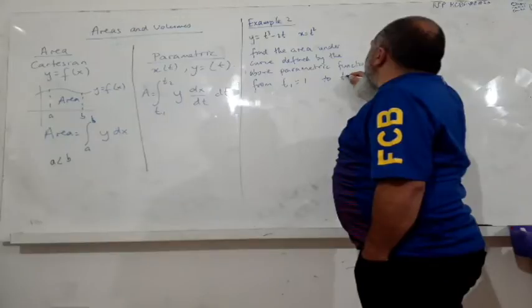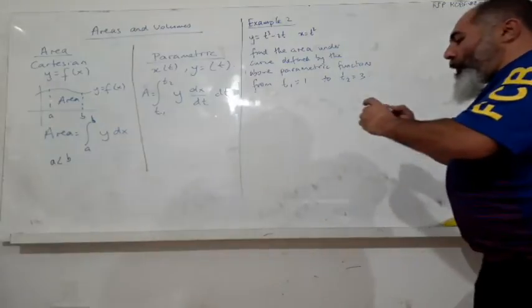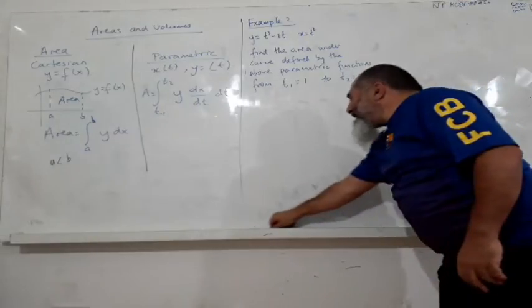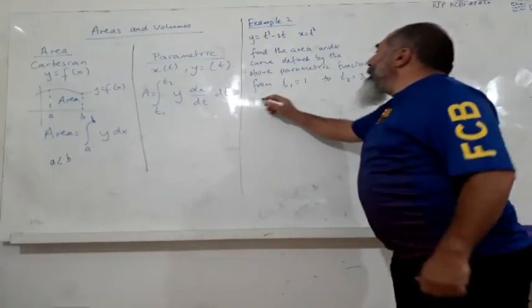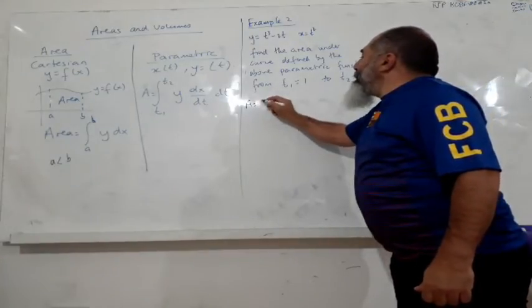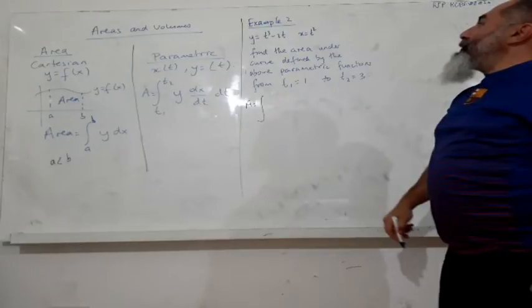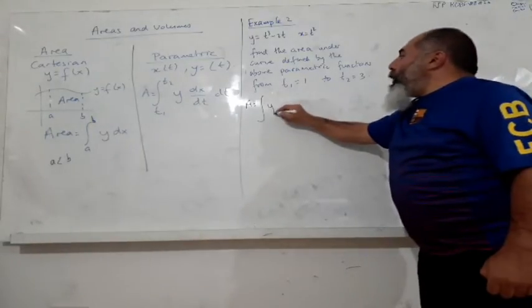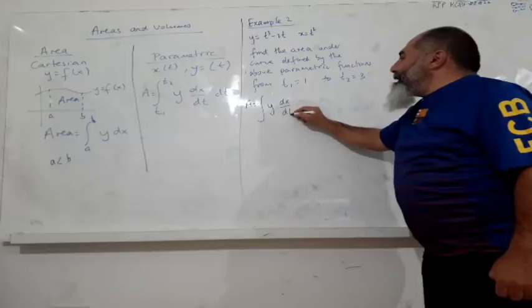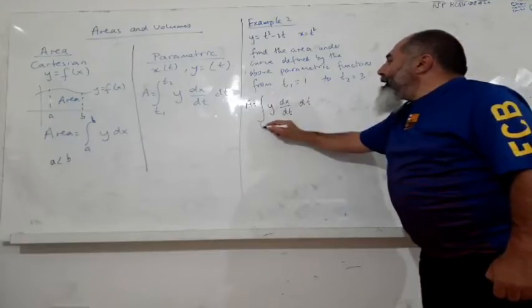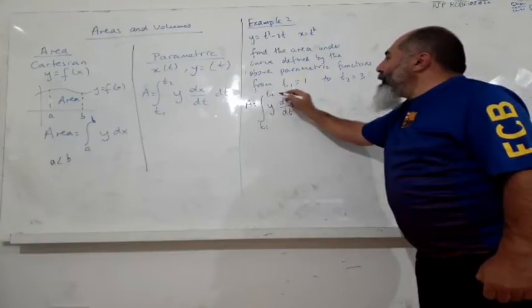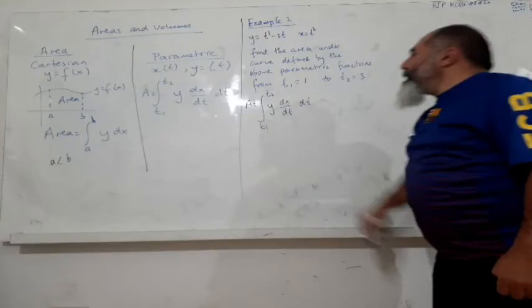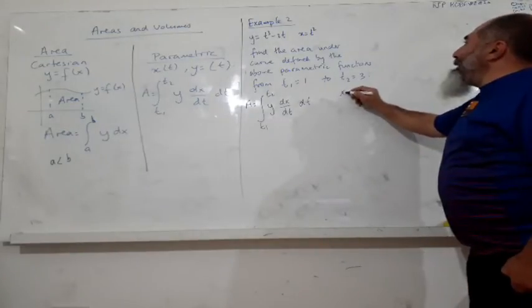So, what is the area if functions are parametric? y dx over dt from t1 to t2. x is equal to t squared. What is dx over dt?